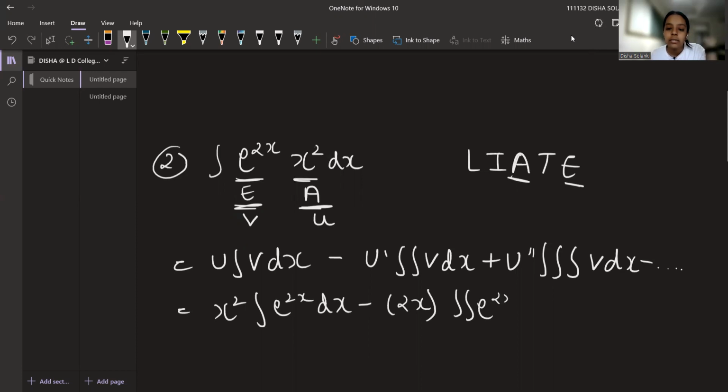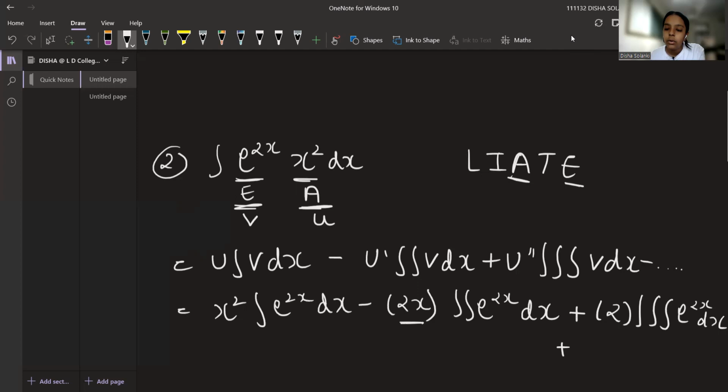It is e power 2x dx, plus the double derivative of 2x, that is 2. The double derivative of x square is 2. So I will put it here, and triple integration of e power 2x dx.